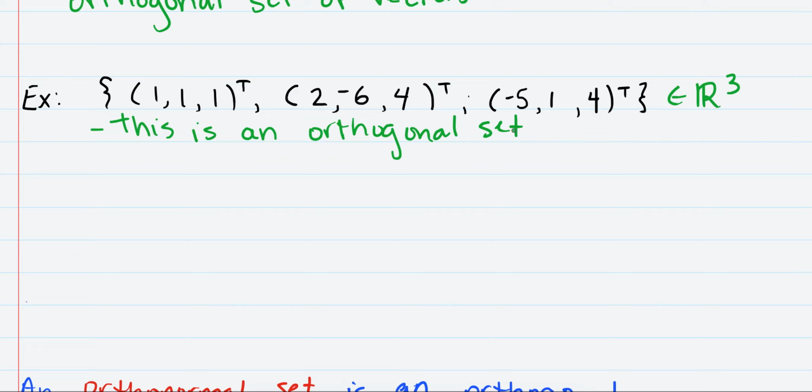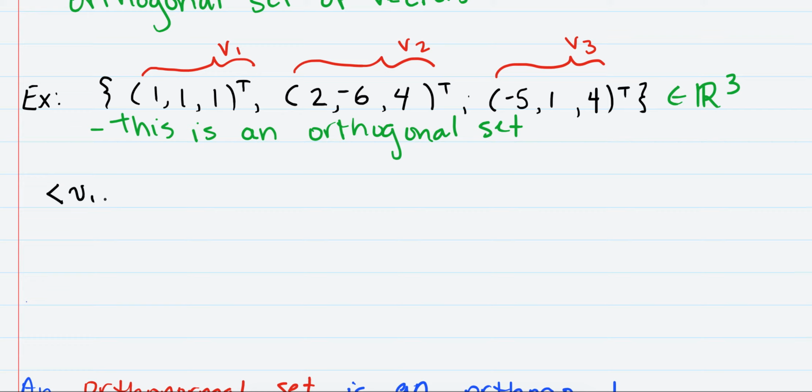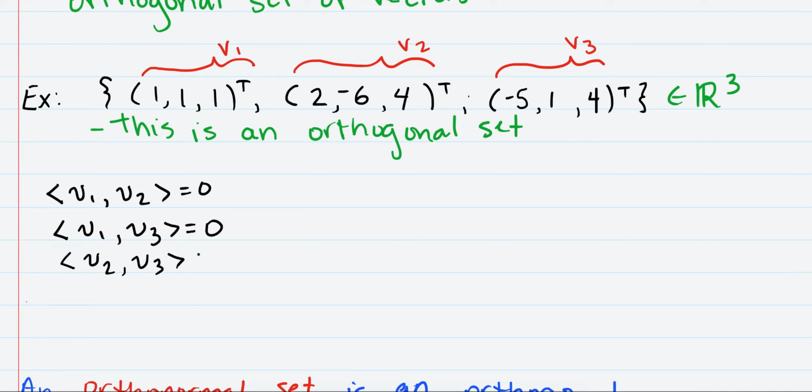So what do I need to show? Well, if we call this vector V1, this vector V2, and this vector V3, then I need to show that the inner product of V1 with V2 is 0, the inner product of V1 with V3 is 0, and the inner product of V2 with V3 is 0.